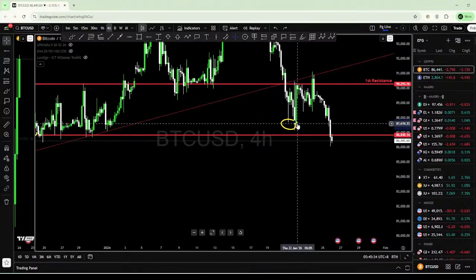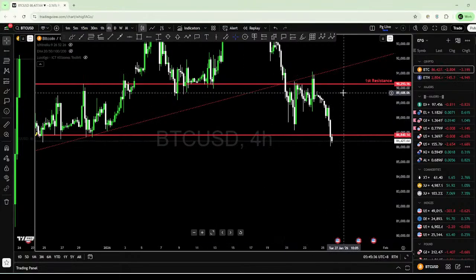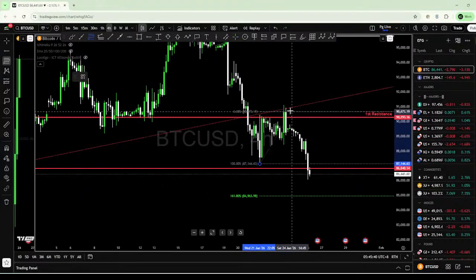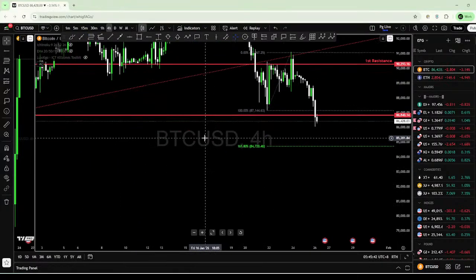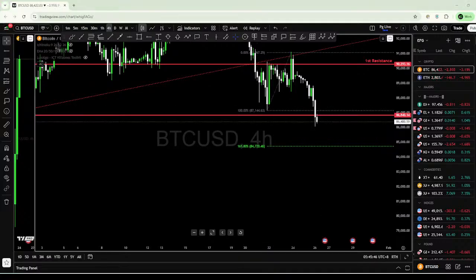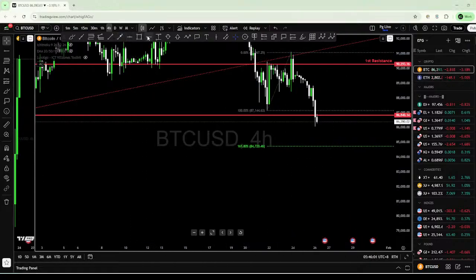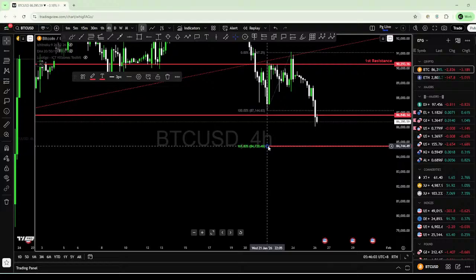So now what we can use is the Fibonacci extension. You can use the Fibonacci extension to see where the potential support level is. Okay, so the next support level is here.